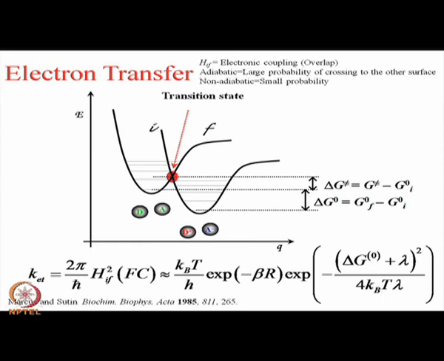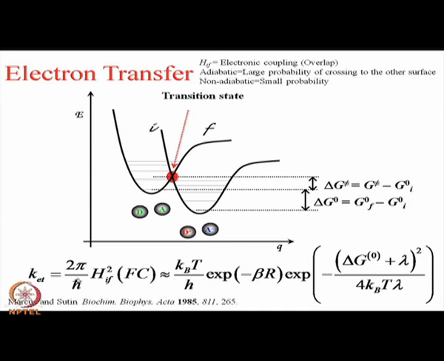How to calculate delta G double dagger: it is G double dagger minus G0 initial. This gap is that, and here delta G0 equals G0 final minus G0 initial. This is your energy and this is your reaction coordinate.